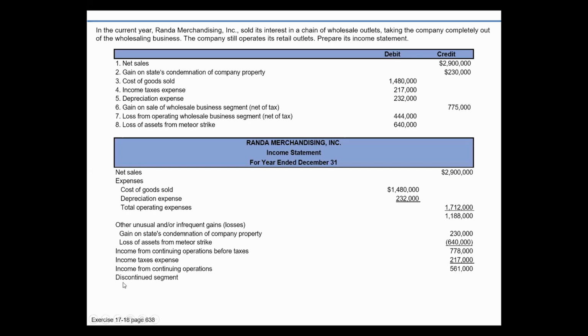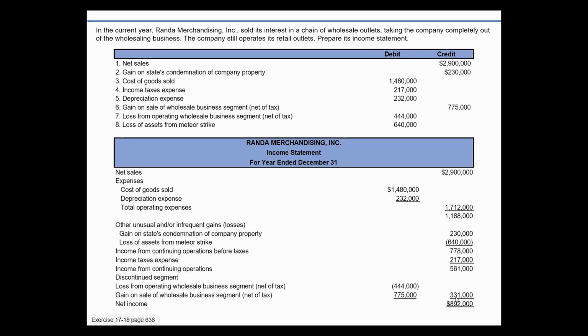And then we have our income from continuing operations of $561,000. Then we have our loss from the discontinued wholesale segment of $444,000. Then we have the gain on sale of the wholesale business segment, net of tax, of $775,000. So we take the gain and subtract the loss from that. We come out with $331,000.